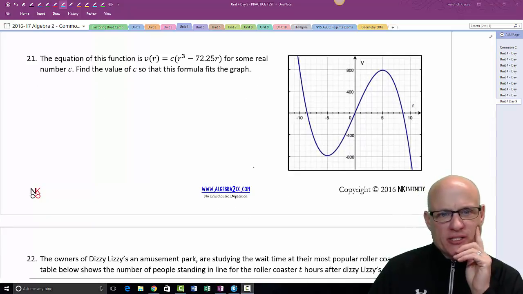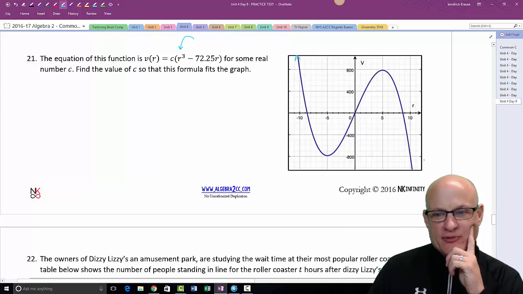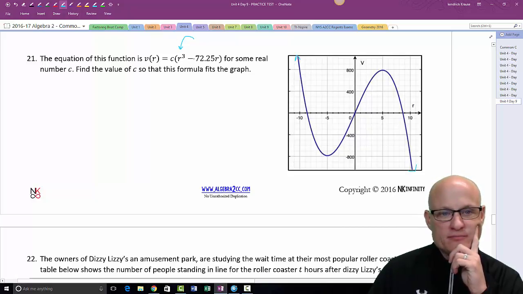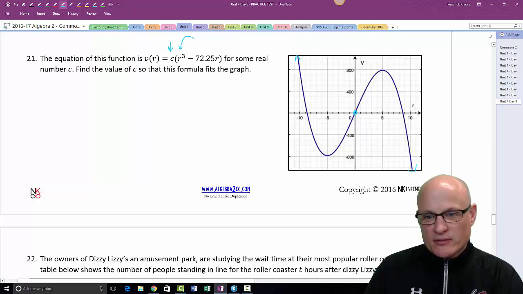All right, so what are we going to do here? I think we clearly have a cubic function. It's going in opposite directions. So when I'm done with C, C better be negative. But the cool thing is we do have a really nice point. Maybe we can use that point. You know what? I don't think that point's going to be that useful.